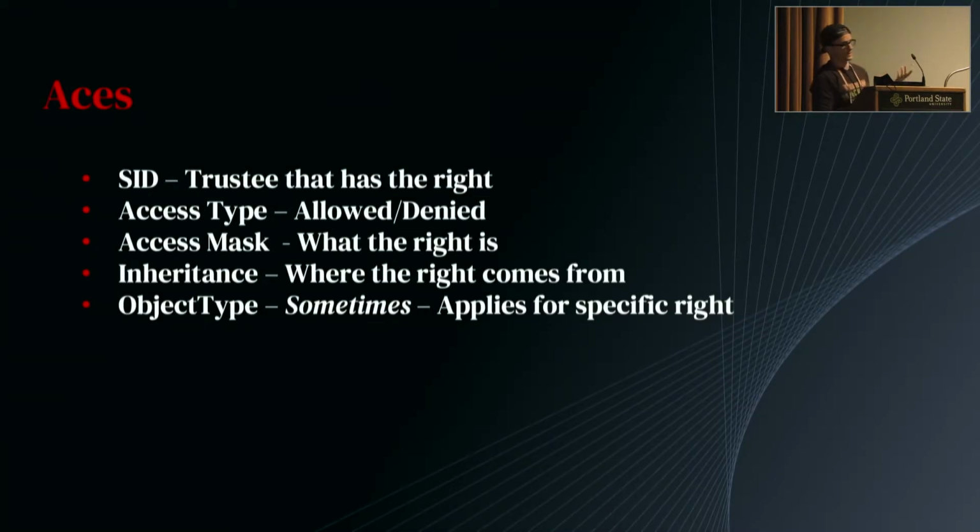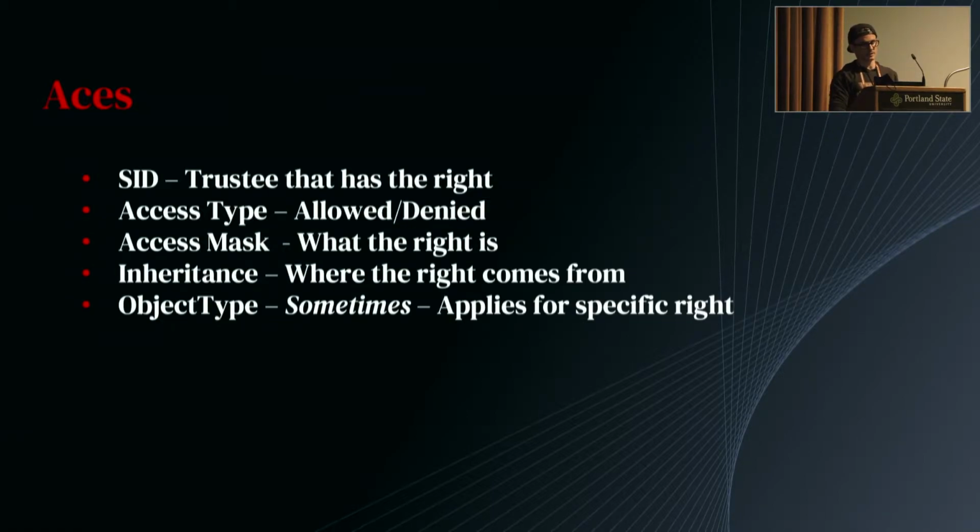ACEs themselves have several pieces of information. The first is the SID, the specific trustee that has the right we're going over. Then there's the access type, whether it's access allowed or access denied. Then we've got the access mask: what is the specific right being granted to the SID? Then we've got inheritance, which is whether the right is explicitly granted to that individual account, or whether it's the group it's a member of that's granting the right.